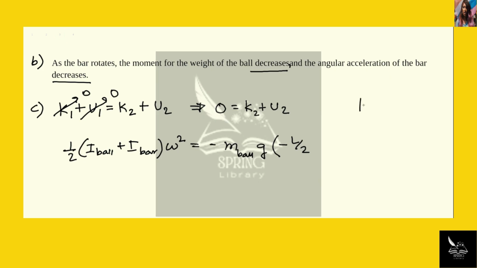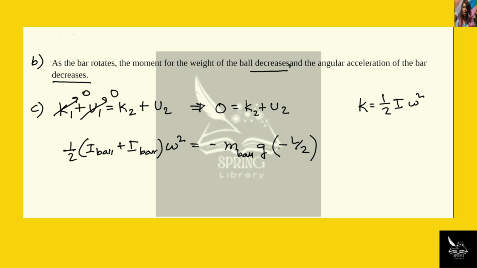In terms of rotational motion, the kinetic energy is half of I omega squared, and that's what we used here. And we know that I is I_ball plus I_bar. So we wrote that. Then there's a negative sign over here, and the reason is we kept K2 here and took U2 to the left, and that's why we got a negative sign.